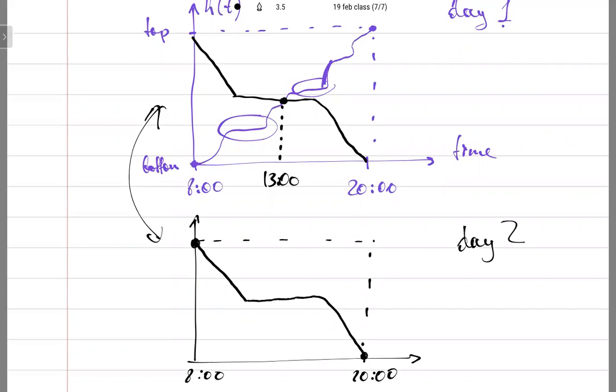The monk is not teleporting, he's just moving continuously. The graph is a continuous function. We have no teleports for our monk, and so obviously there exists a point, even if he's accelerating or decelerating randomly.